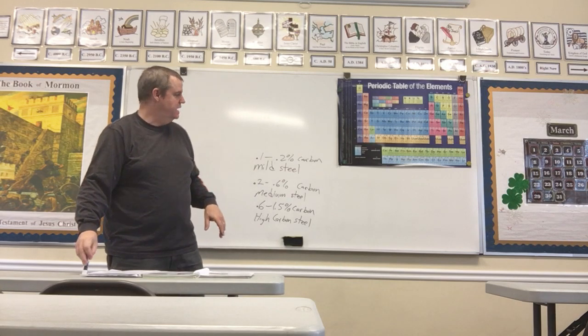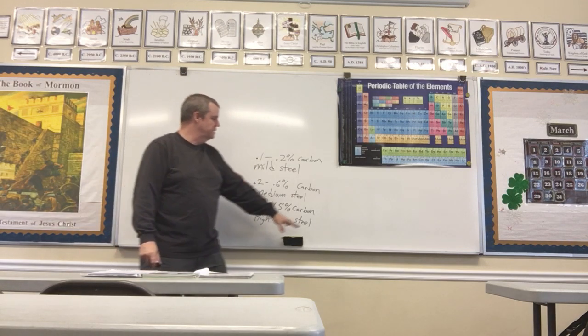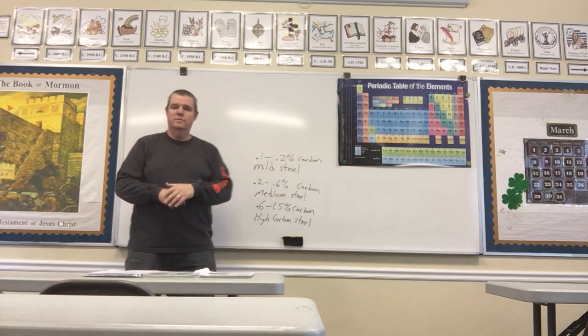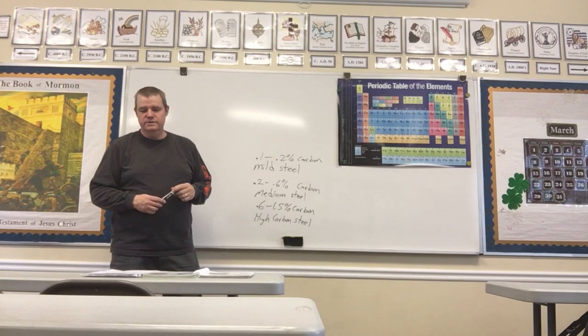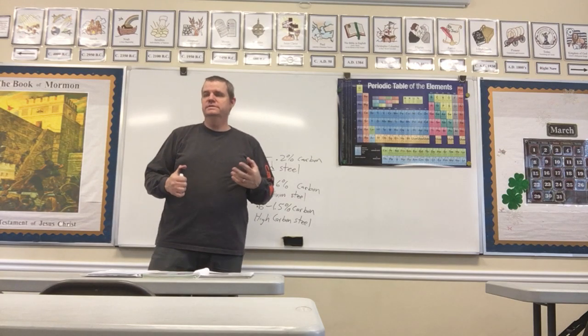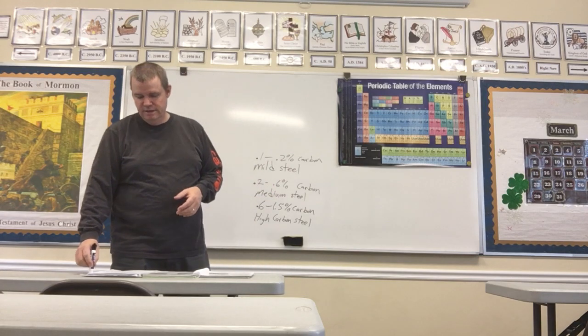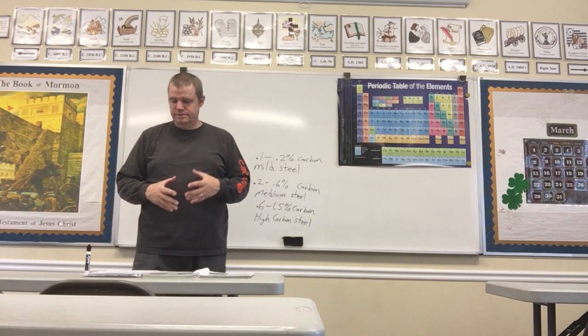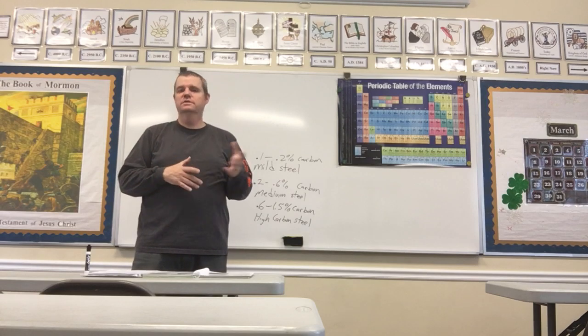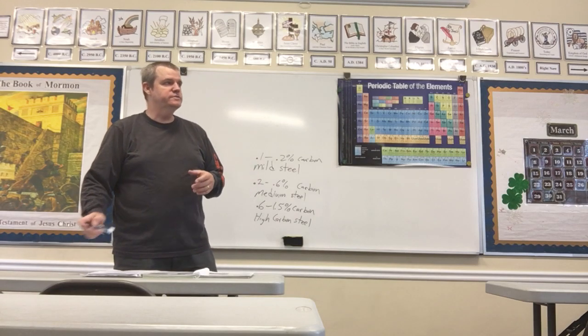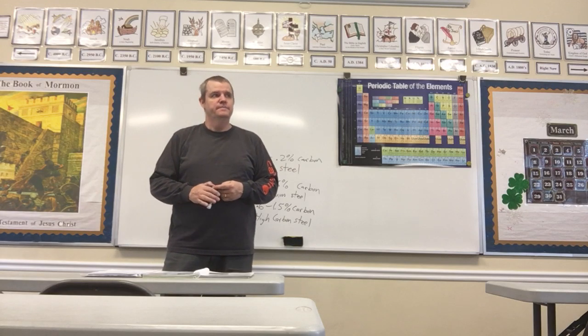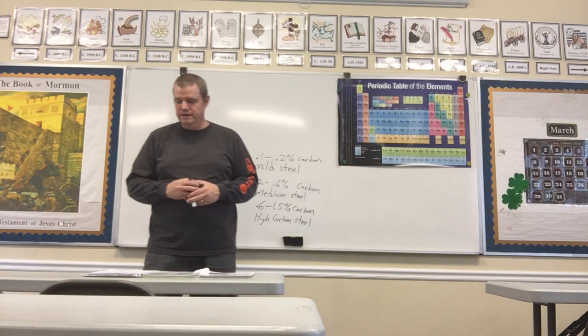Now 90% of all of the steel in the United States is some form of carbon steel. The other 10% is made up of alloy steels. And alloy steels use other metals to change the steel's characteristics, improve some of its resistances to different things.